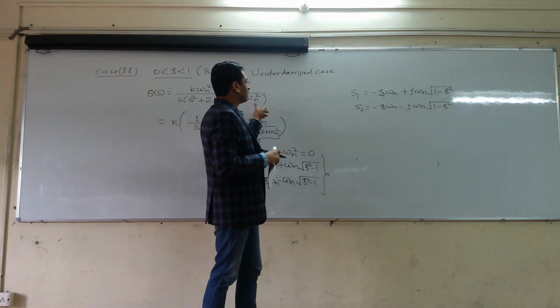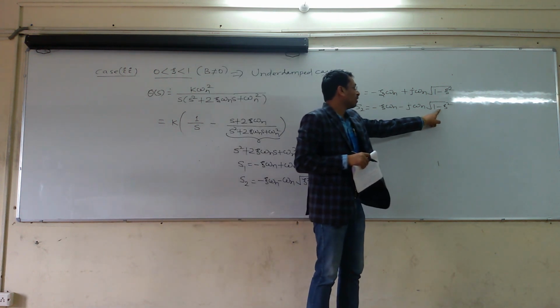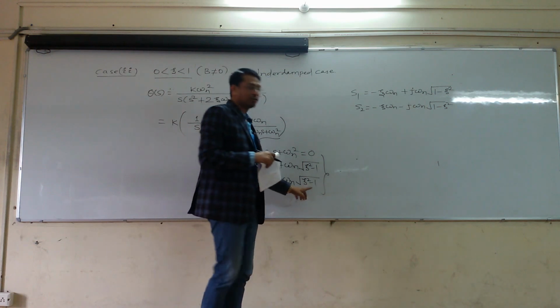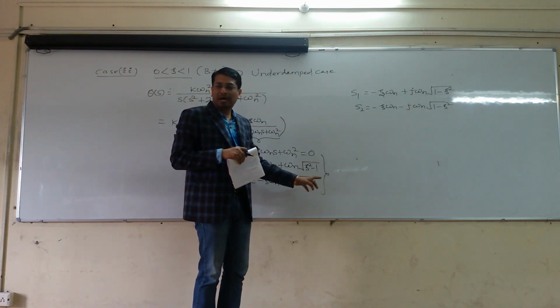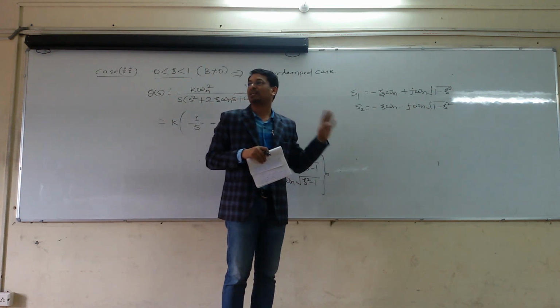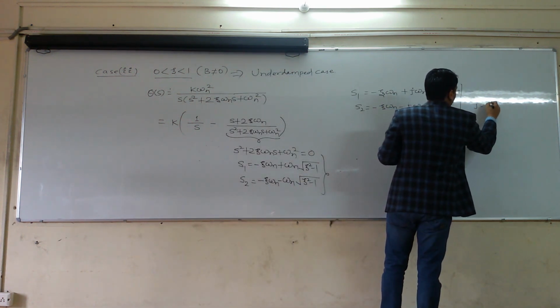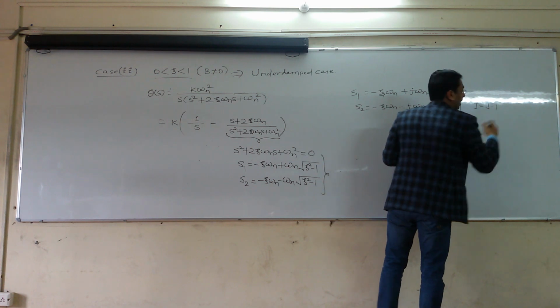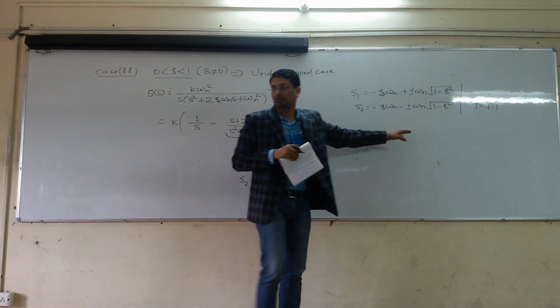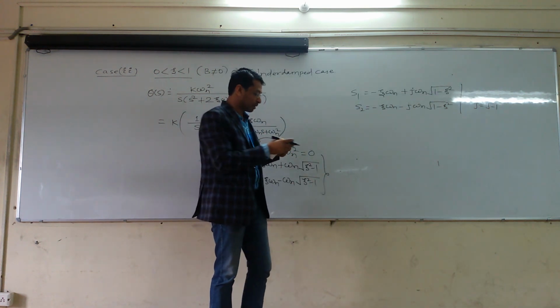Because zeta is less than 1, I want the term 1 minus zeta square rather than zeta square minus 1. So I have taken minus 1 common, and root of minus 1 is j. j is equal to what? Root of minus 1. This is a complex number. You might have read it in your problems.